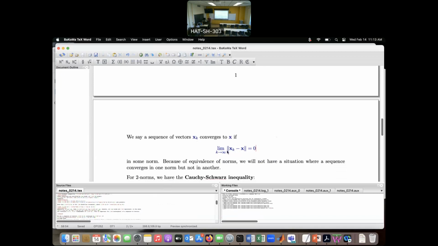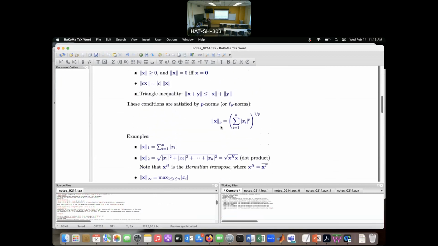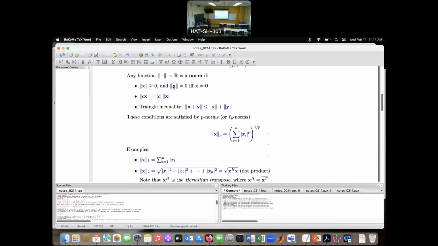Also, if this is true, then that would imply that each individual component of xk converges to the corresponding component of x. And the reason why we know that's true is because of this property of norms right here.